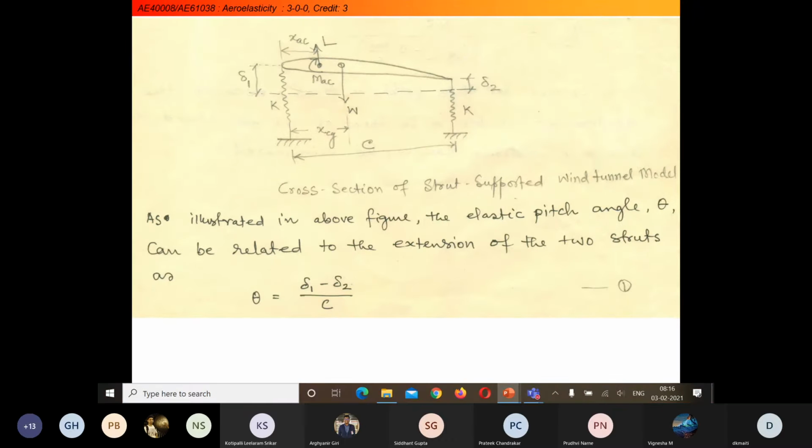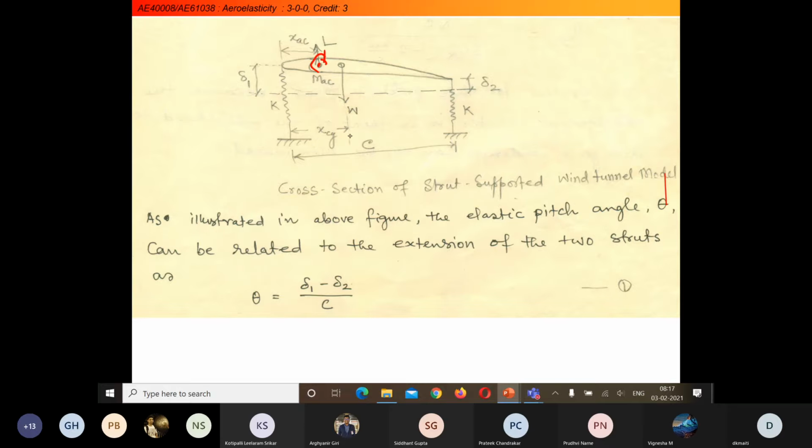Actually, let us consider that due to airflow, there is a lift force L developed, and at the aerodynamic center there is an aerodynamic moment, which we define here as MAC, and that distance from the leading edge is XAC.